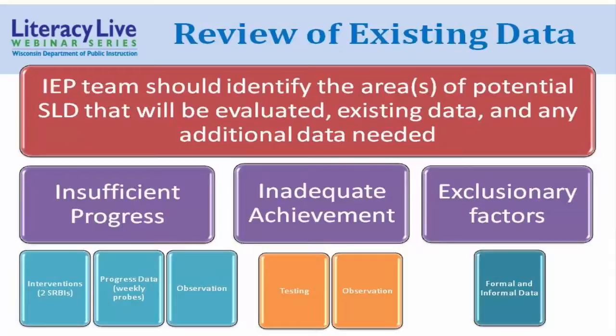Up on top are the purposes of the review of existing data, and here are the 3 areas of criterion in the SLD rule. These are the types of data that would be available in each of those areas. So that just tells you a little bit more information about the review of existing data.